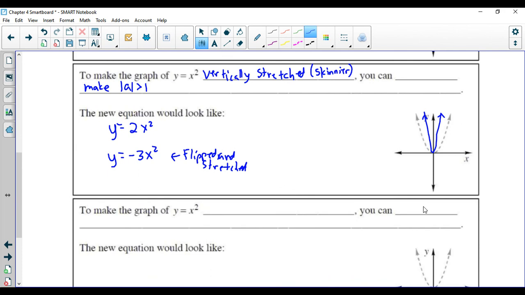And then the last one is vertically compressed. So if you ever took a pile of Play-Doh or clay and you push down on it vertically, the Play-Doh or clay pushes out, and that is vertically compressed, which would mean wider.